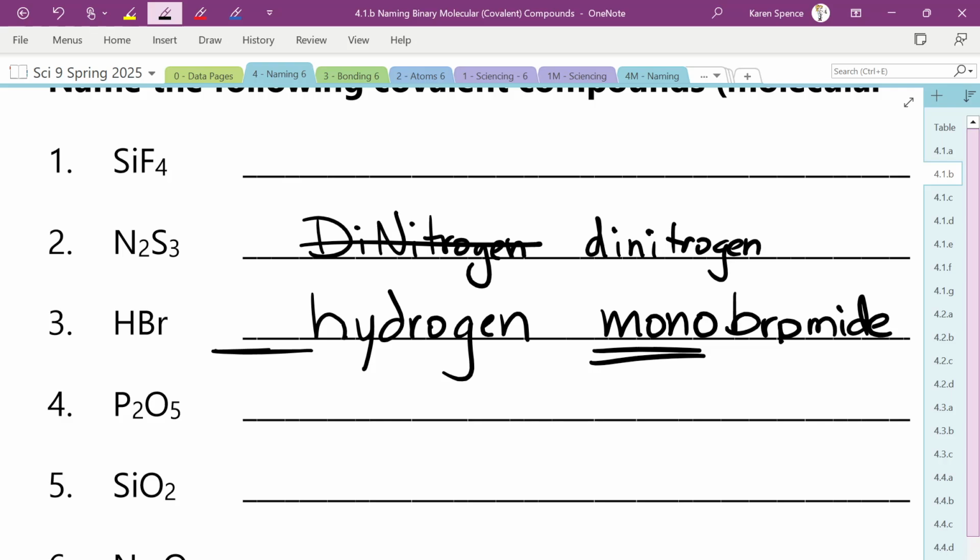As part of this word, you're going to write fluoride. So dinitrogen, you have 2 nitrogen, dinitrogen.